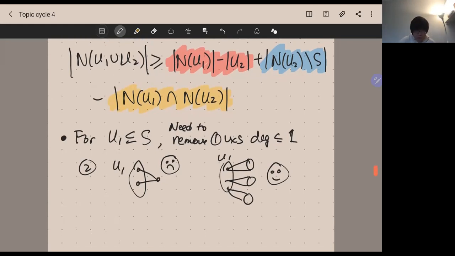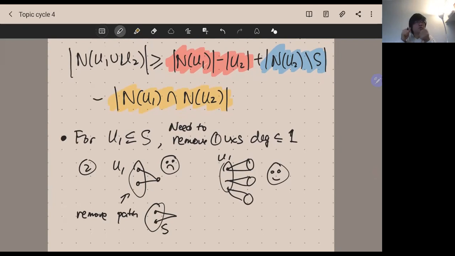So to avoid this scenario from happening, this is to motivate this: we remove paths of length 2 with endpoints in S, because U1 is a subset of S, right?